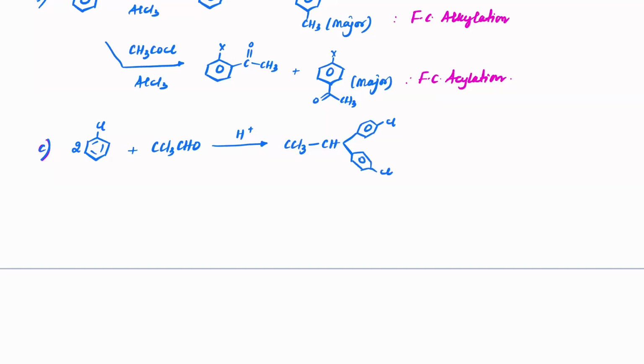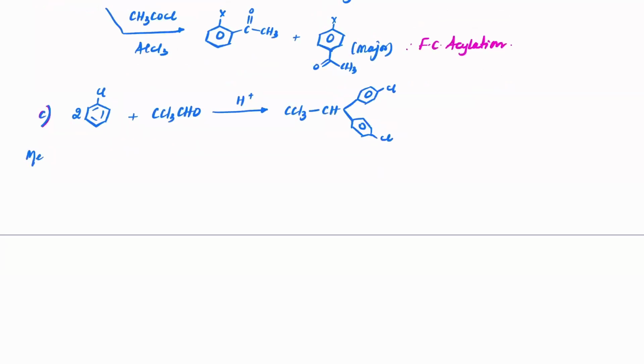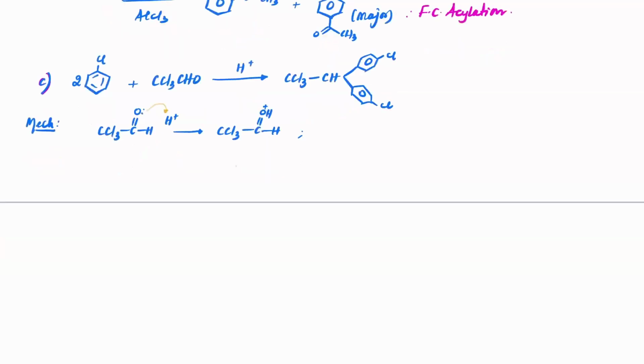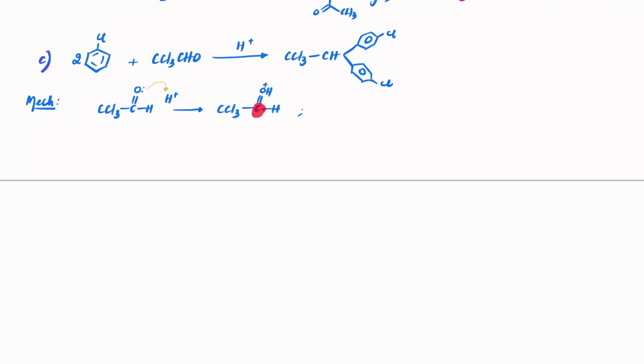If you notice the mechanism, you will see CCl3 C double bond O in acidic medium. The lone pair present on this oxygen will attack the H plus, and that will make it CCl3 C double bond OH plus this way. This is the first step. Now this carbon is sufficiently positive, so that makes it highly electrophilic.